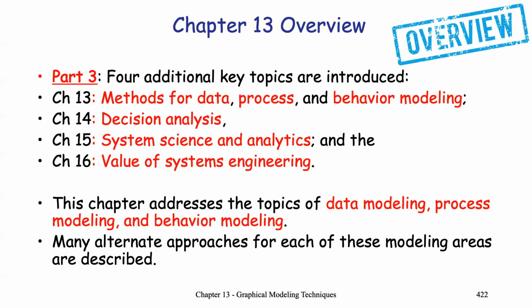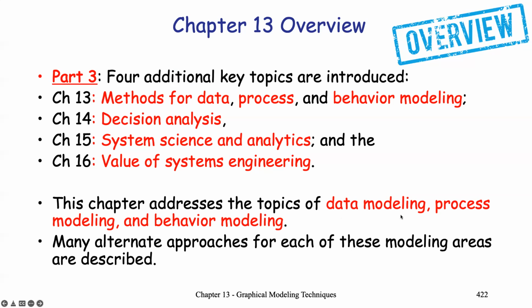I've heard a long time ago, and I've mentioned it before, a manager mentioned that system engineering is like insurance. You buy as much as you can afford, and it actually does save money in a variety of ways. And we have also talked about model-based system engineering as yet another development that is showing merit in a lot of different industries. So this chapter will be addressing the topic of data modeling, process modeling, and behavior modeling.